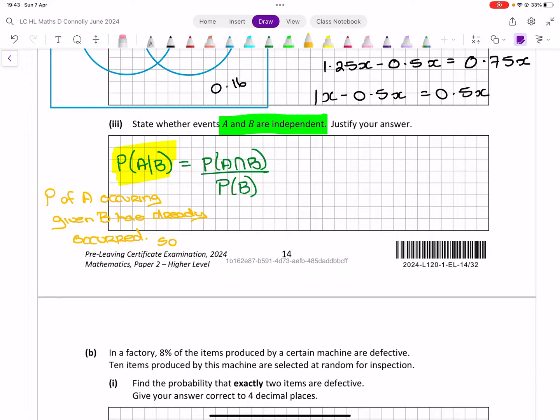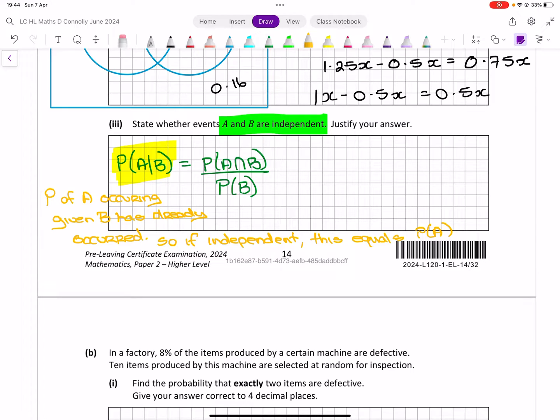So, if they're independent, then this equals the probability of A. Yeah? So the probability of A occurring given that B has already occurred, if they're independent, it doesn't matter that B has already occurred.